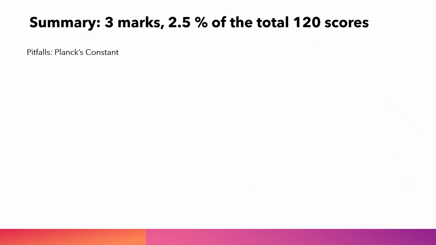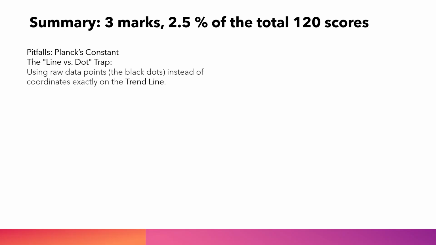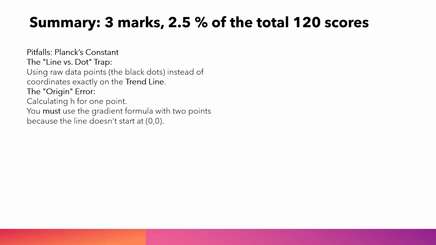Pitfalls, Planck's constant. The line versus dot trap. Using raw data points, the black dots, instead of coordinates exactly on the trend line. The origin error. Calculating h from 1 point. You must use the gradient formula with 2 points, because the line doesn't start at 0, 0.